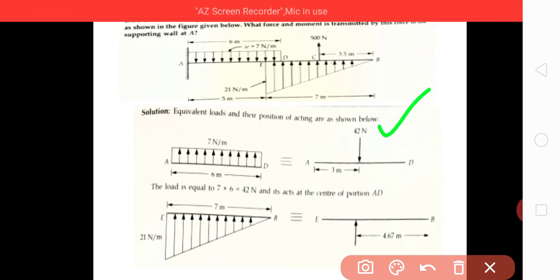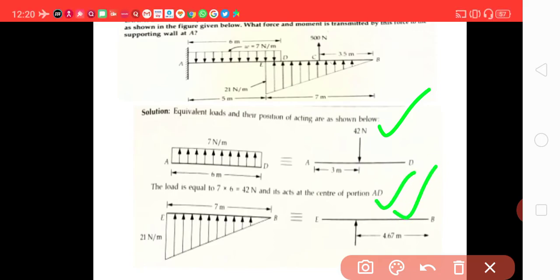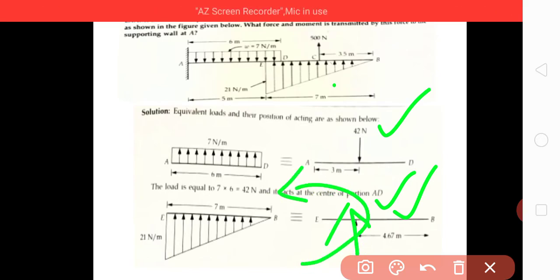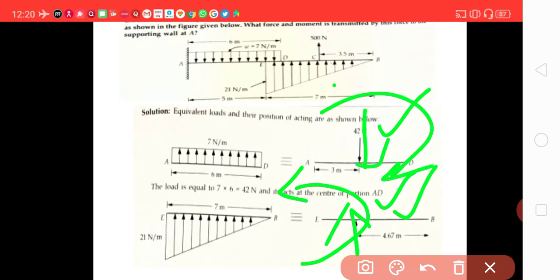Then we have converted this UDL also into a point load here. This load is acting from bottom, so it is acting upward, giving a counterclockwise moment, and this is acting downward, giving a clockwise moment.